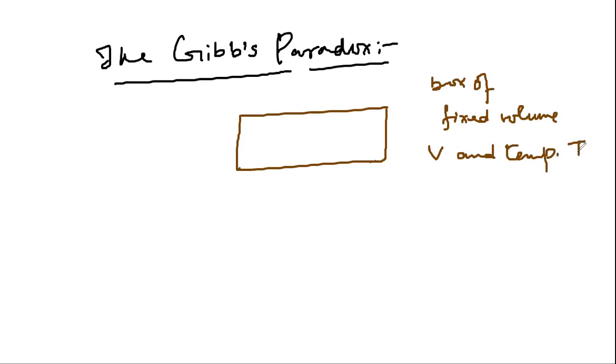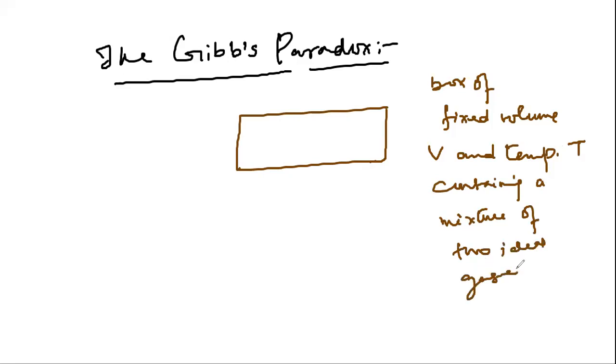So I have a box of fixed volume V and temperature T containing a mixture of two ideal gases. So it contains a mixture.